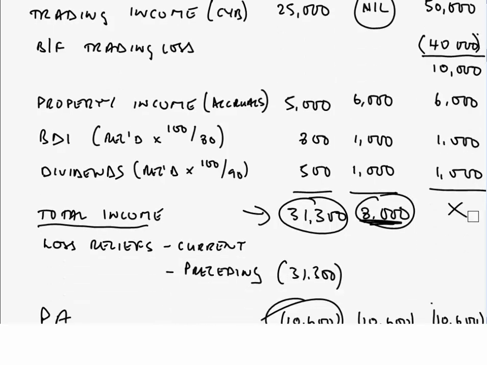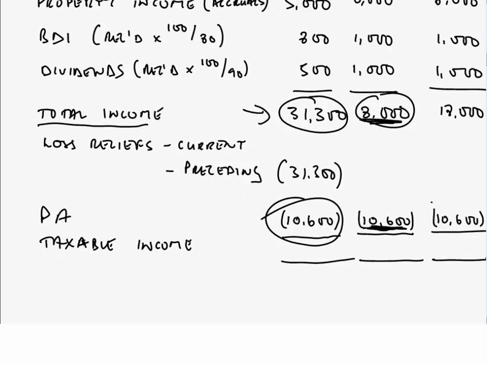When we then add in our other amounts chargeable, our property income, bank deposit and dividend income in gross form, that's another 8,000 to add in, is 18,000. And of course this time you would then get full use of your personal allowance. It would still leave £7,400 worth of taxable income, but you wouldn't waste any of your personal allowance. The claims that we made before, that preceding year claim, wasted that personal allowance.